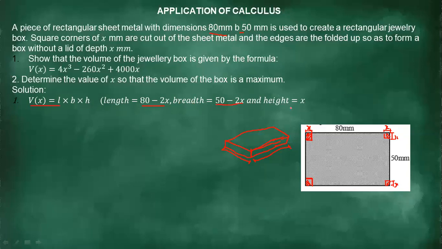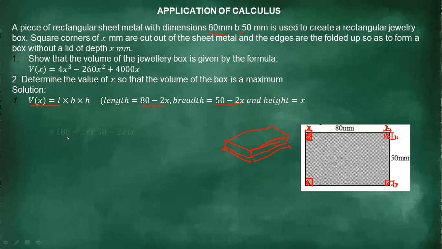Of course, the height is going to be x, because remember from this point up to there is x. If you fold this edge up, then of course the height is going to be x as well.